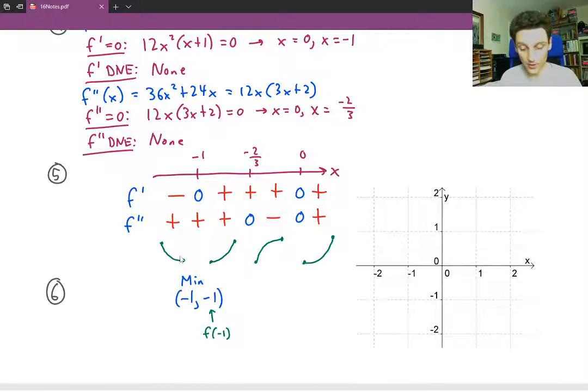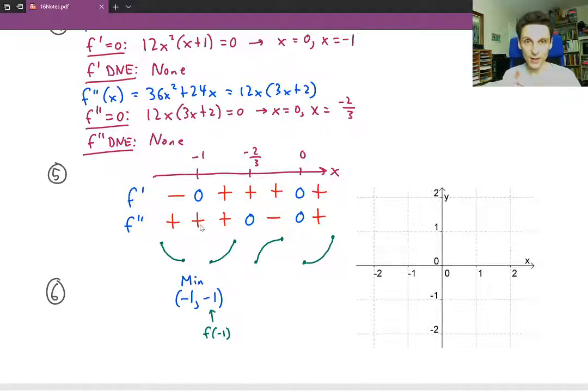Notice that you can also read this sign analysis chart the way we've written it up using the second derivative test. X equals -1 is a place where the first derivative is equal to 0, which you need for the second derivative test. And then if you look at what happens when you plug that -1 into the second derivative, you get a positive value.